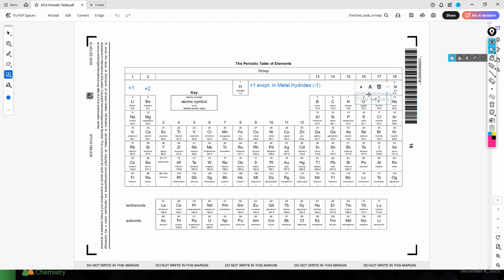Most of the time, 95% of the time, oxygen will have a -2 oxidation number, but it will be -1 in peroxides, which is usually just H2O2 for us, and will be +2, sorry, only in F2O. And I can't really put lowercase letters here, but only in F2O will oxygen be positive.